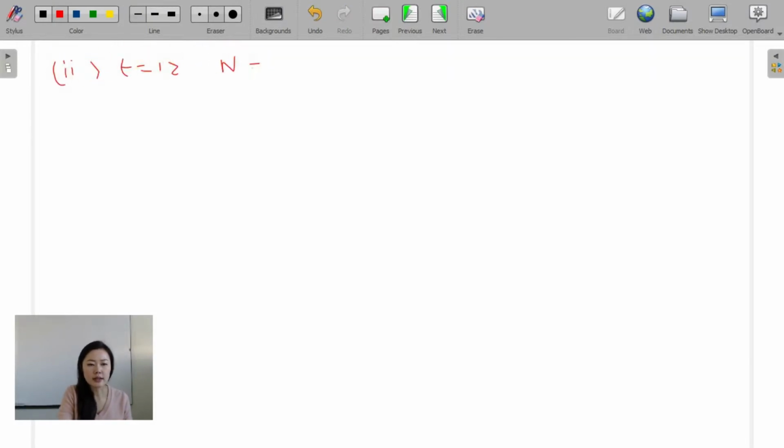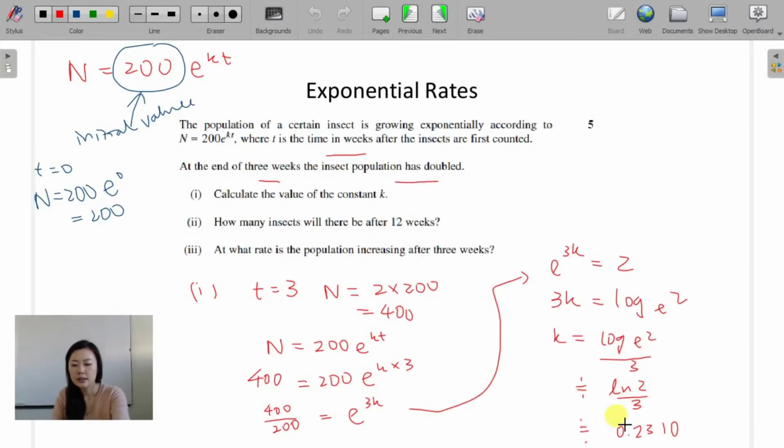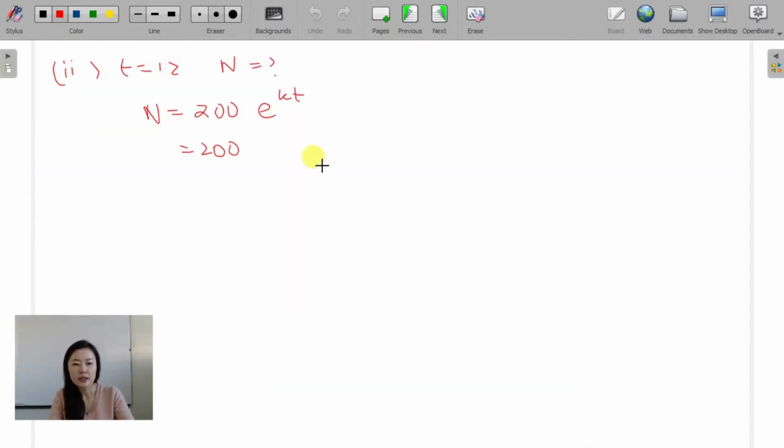What is n? Our equation for n currently looks like this, e^(kt), where k is this guy, and I will use this as an exact answer. So I'll just write it as ln 2 on 3 times t.